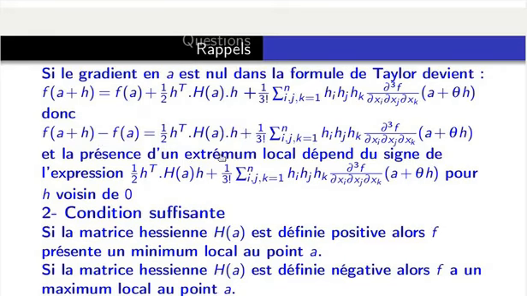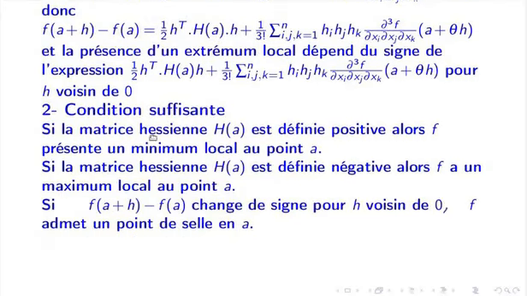So this term depends on the Hessian of f at point A, and we have a sufficient condition for having an extremum, which states: if the Hessian matrix at point A is positive definite, then f has a local minimum at point A. It remains to be seen if it is global.